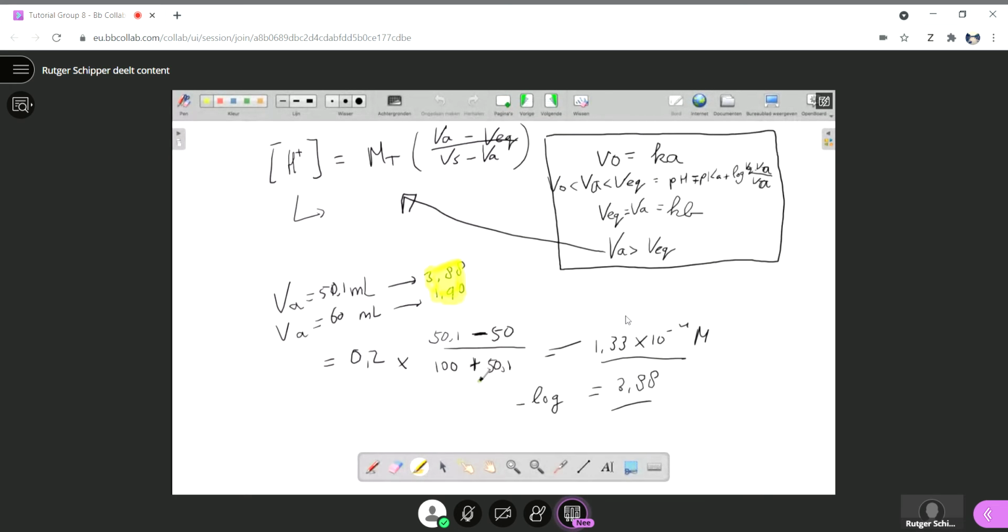So I'm getting 3.88. I'm sorry. You're right. 2.88 is 51. Good of you to notice, Kai. So 50.1 is 3.88. And 51, because I think you calculated with 51, Kai, 51 milliliters is 2.88. Does this answer your question?